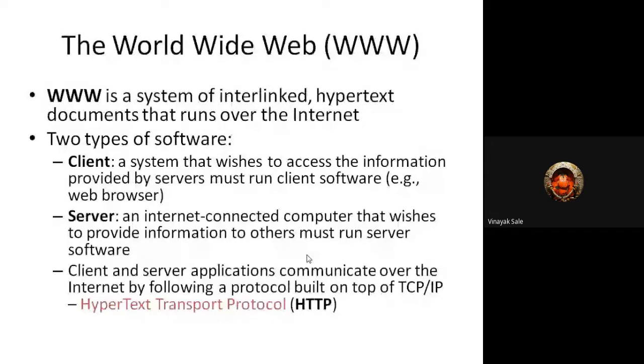A client, a system that wants to access information provided by a server, must run client software. Example is a web browser. Server, an interconnected computer that wants to provide information to others, must run server software.